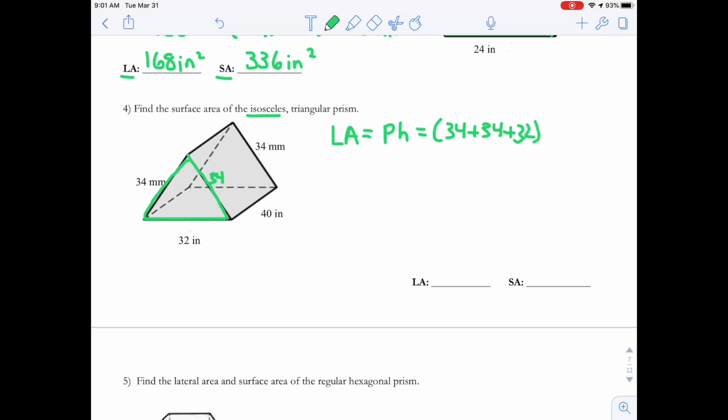Okay, so that's your perimeter, and then your height is that 40 there, going up the side. So 34 plus 34 plus 32 times 40. We see that is 4,000. So 4,000 millimeters squared.